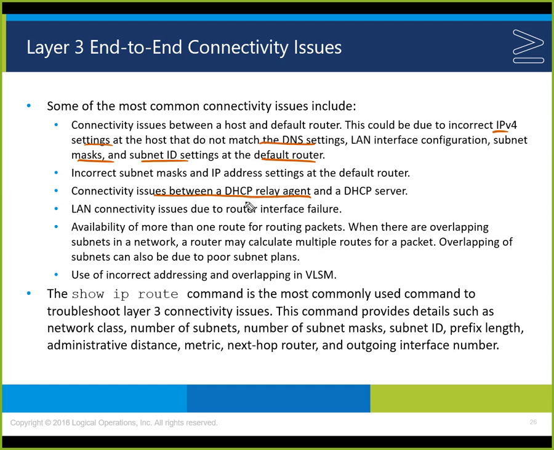Also a DHCP relay agent not connecting, or a DHCP server improperly configured, in the wrong VLAN or on the wrong port. A number of different things can happen there.